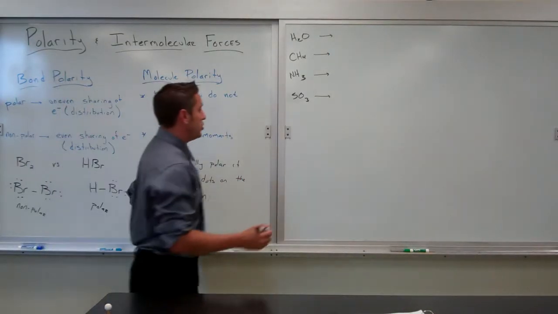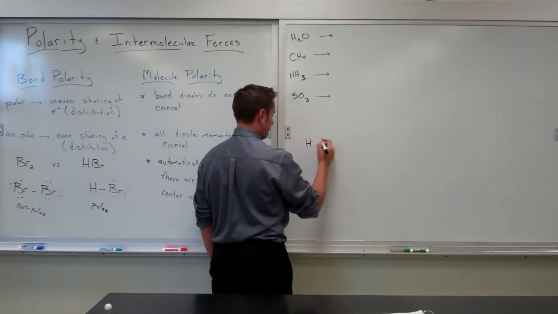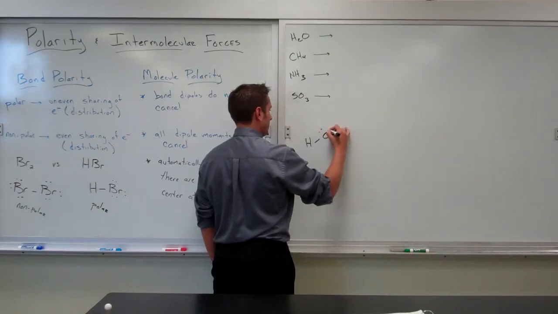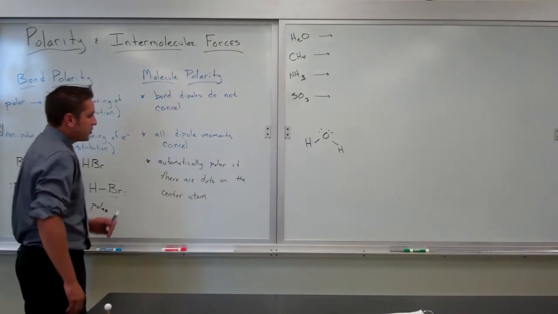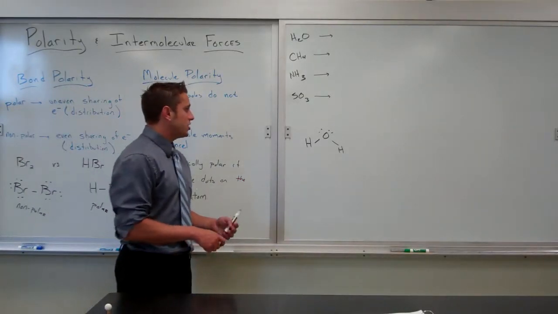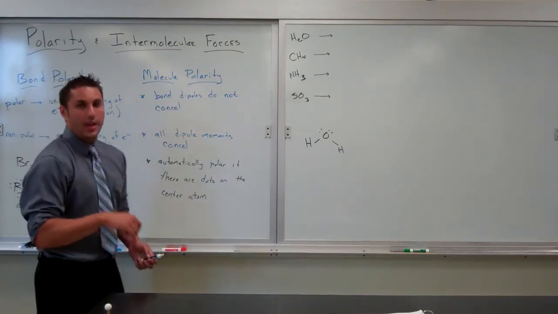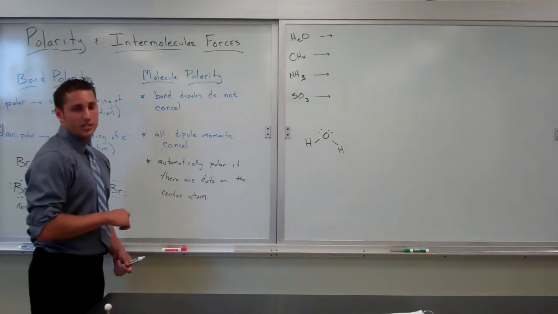So if we draw H2O, H2O would look like this. As we look at this, we would have to make a decision on, is it a polar molecule or not? Well, as I was saying, the first thing I will always check is, is there a pair of dots on the center atom?